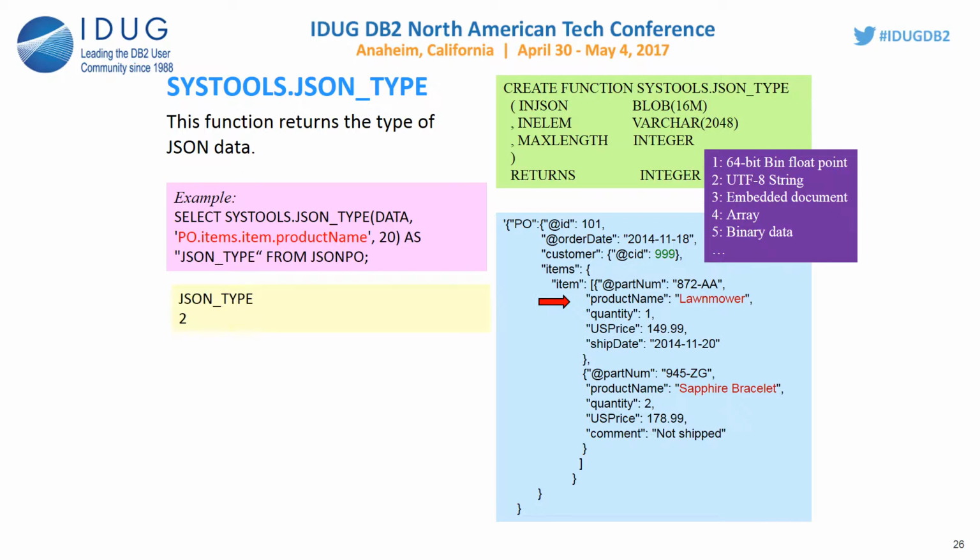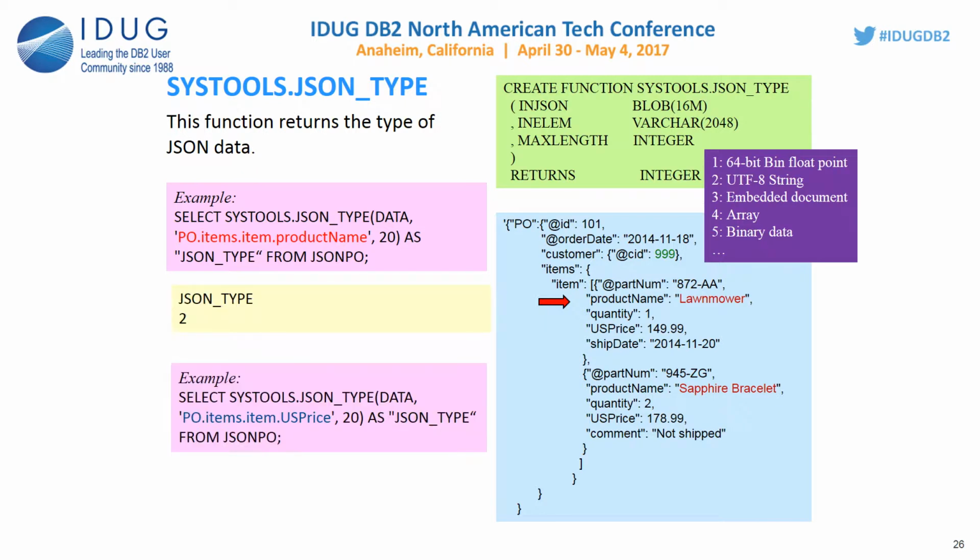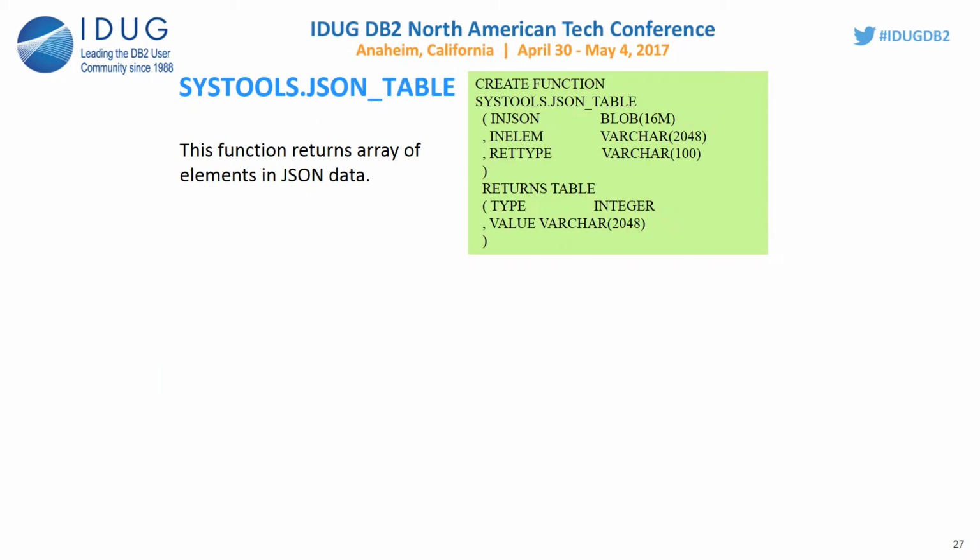About this one, PO items US price. This guy. So it should be something like that. Which type? Anyone have a guess? Number 1, very good. Okay, so it's very straightforward, right? So let's look at this one, JSON_TABLE.